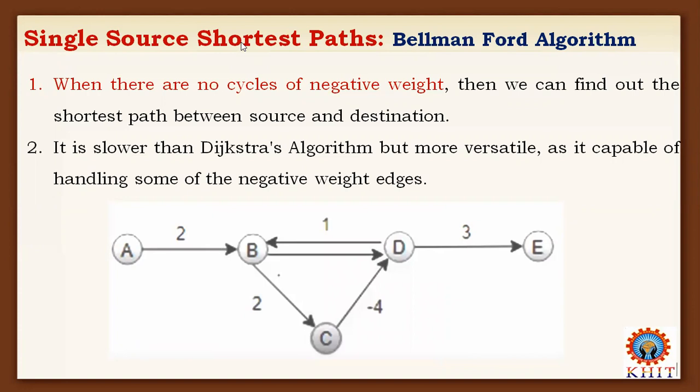I will tell you clearly. If you consider this part, B to C, C to D, and D to B, a cycle is formed here.